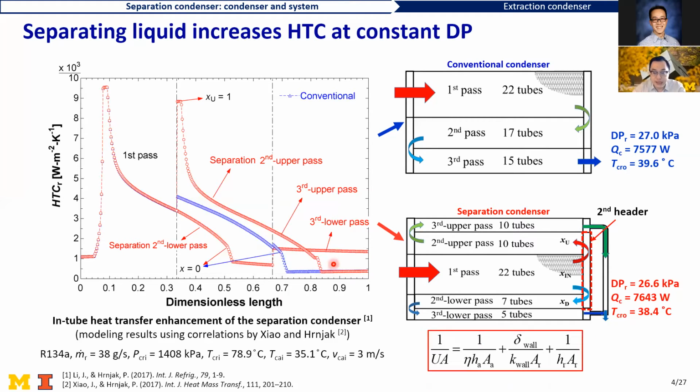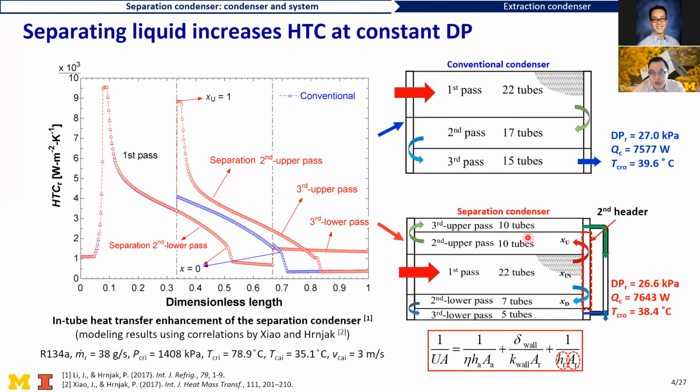And we only talk about HTC or h in this equation. But for the total UA value of the heat exchanger, A is also an important parameter, which is the area.